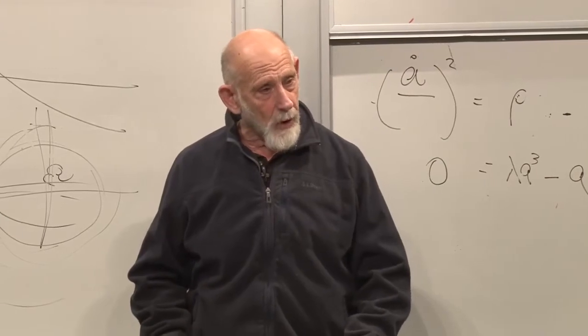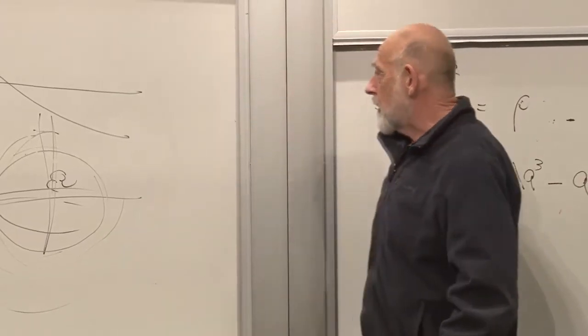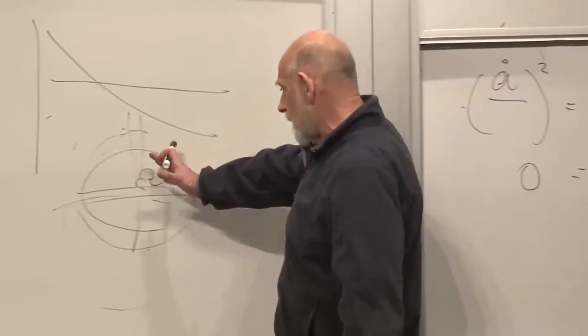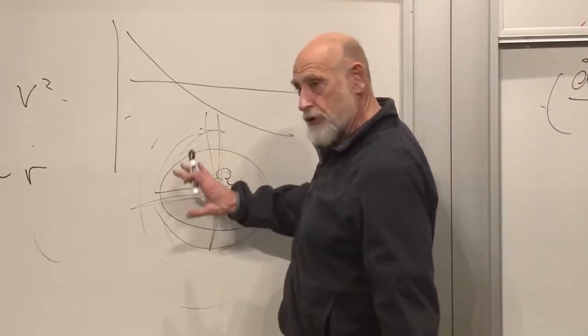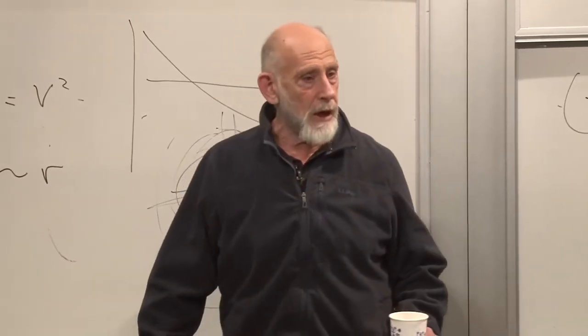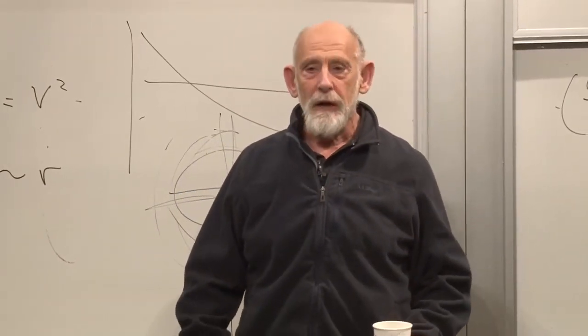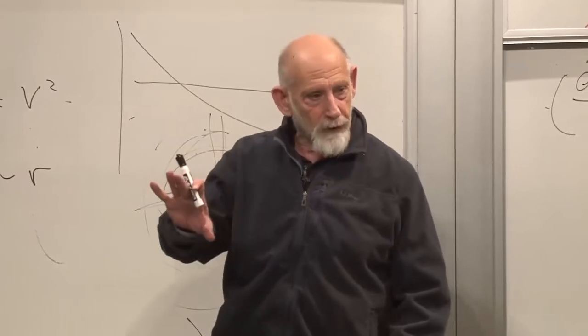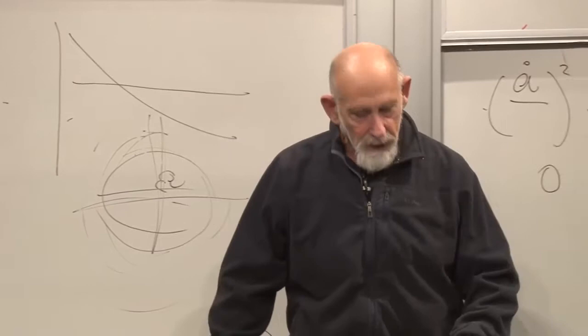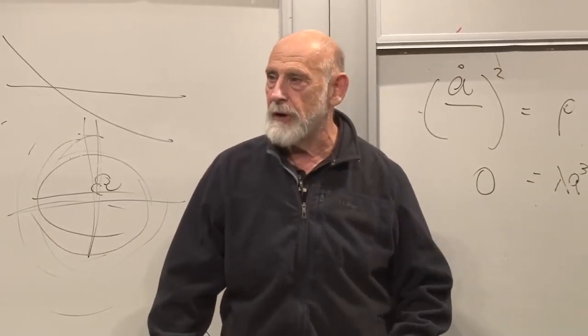Hot dark matter is no longer an option. It's thought that the dark matter, basically because of this strong tendency to cluster, is cold. Cold means that the particles are moving relative to the local reference frame with much less than the speed of light. So neutrinos are not a good option for dark matter.